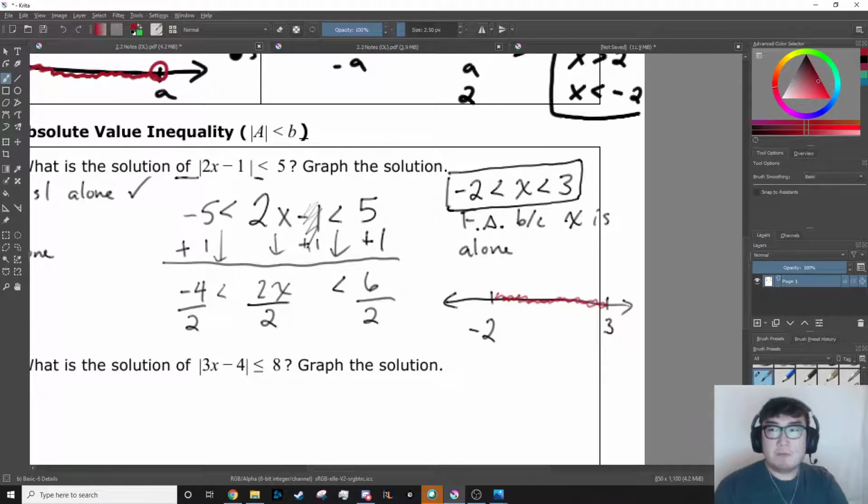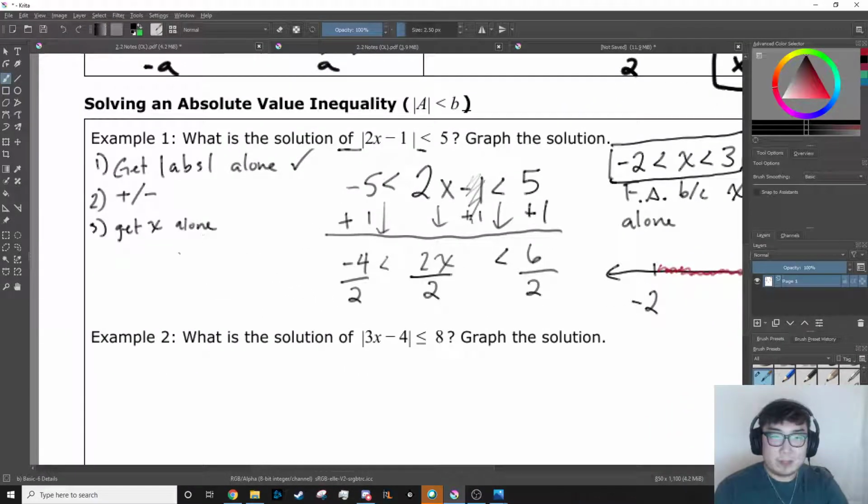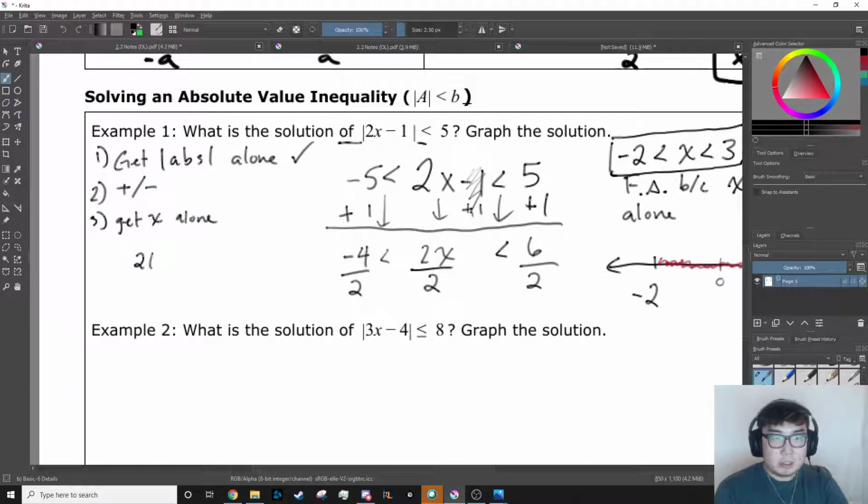And I'll prove it to you this one time just so that I don't have to do it again later. So 2 times 0, because 0 is between negative 2 and 3. It's such an easy number to multiply with because anything times 0 is 0. So 2 times 0 minus 1 is less than 5.